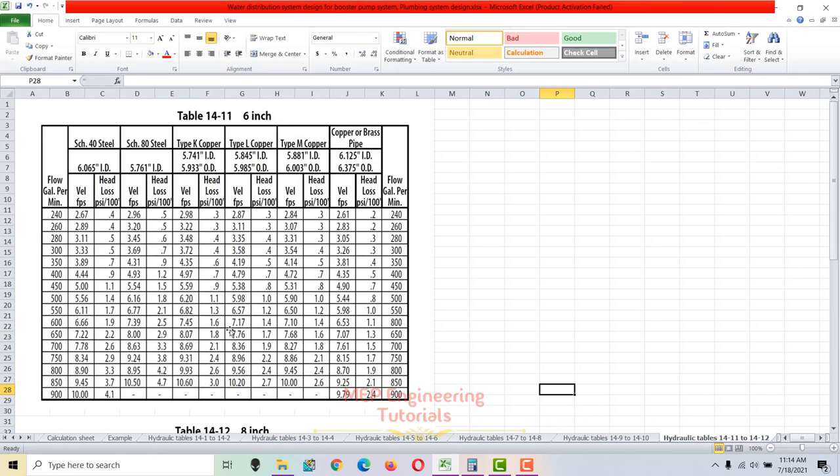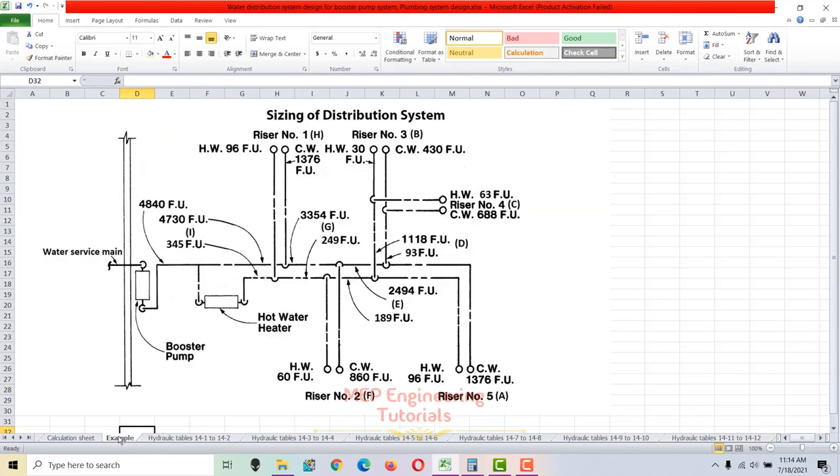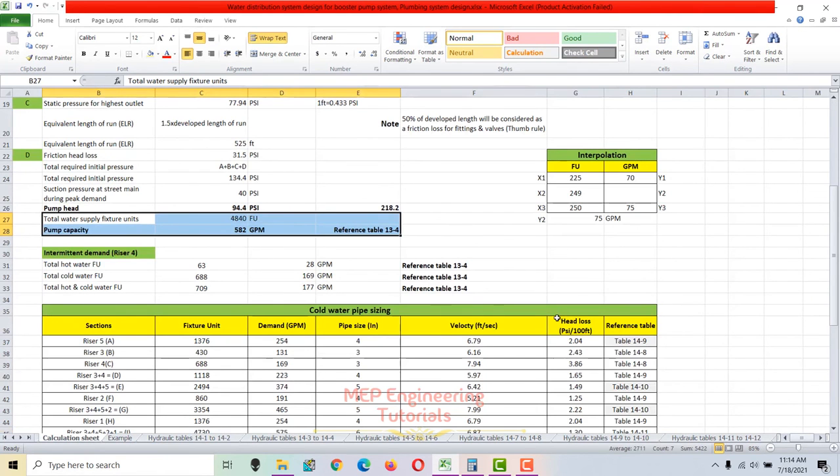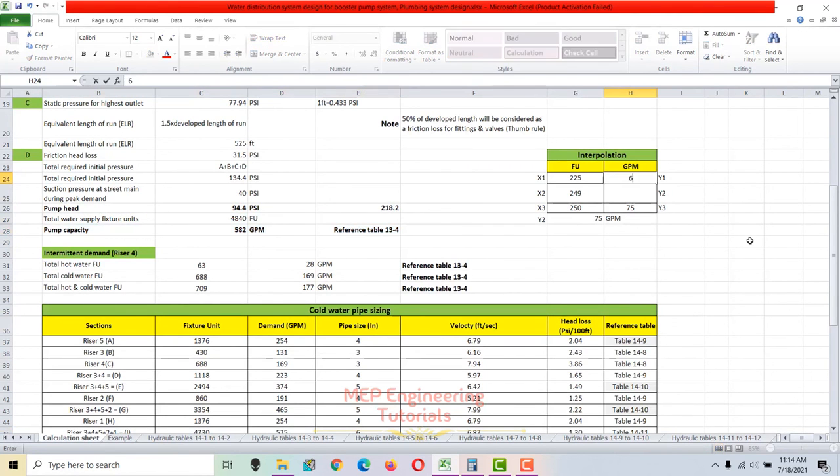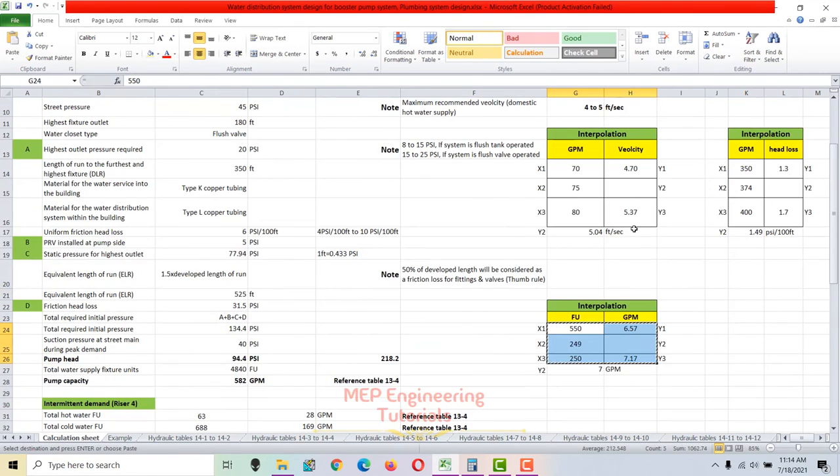So at 550 we have 6.57 velocity, and at 600 we have 7.17 velocity.